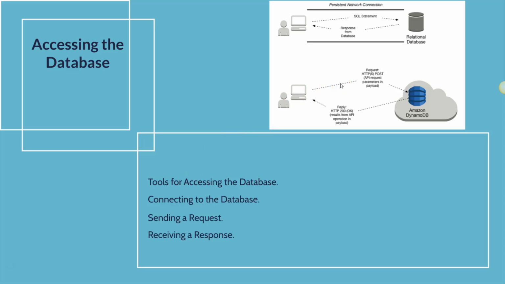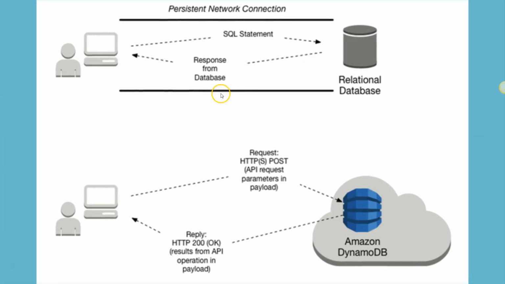Now second is connecting to the database. In SQL, an application program establishes and maintains a network connection with the database. When the application is finished, it terminates the connection. Here you can see that this is the user, who writes a SQL statement, and the database will give the response. If you go to AWS DynamoDB, DynamoDB is a web service and interactions with it are stateless.